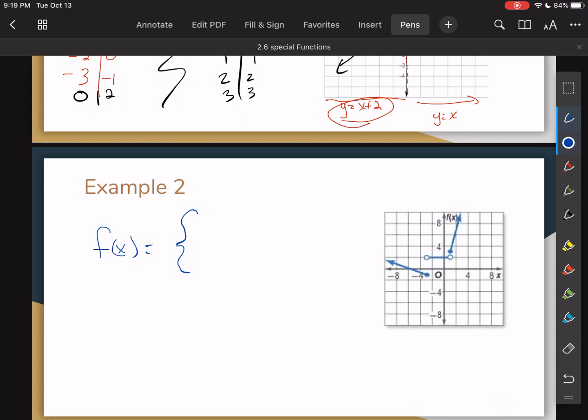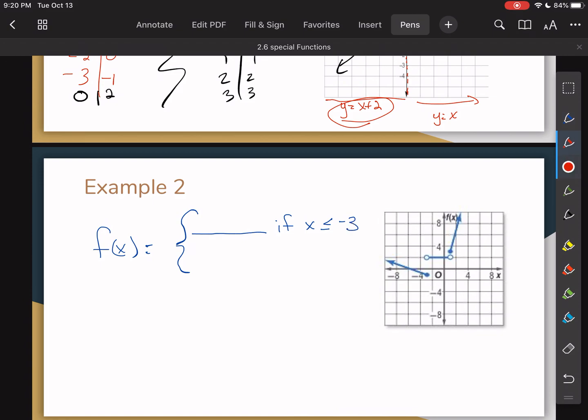Okay, so the first equation, if x is less than or equal to -3.